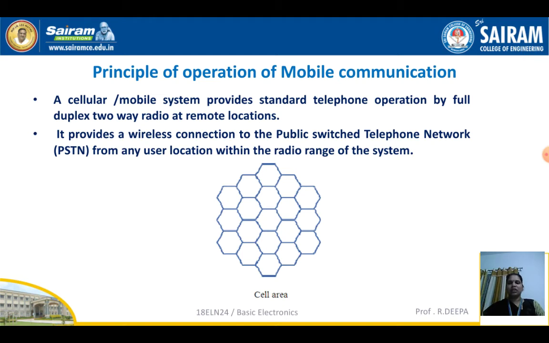So each area we can name as a cell. Together the cells form a cell area. If you see the diagram, it is like a hexagon. Normally it can be a circle or some other shape, and sometimes it can mix with the other cell also.